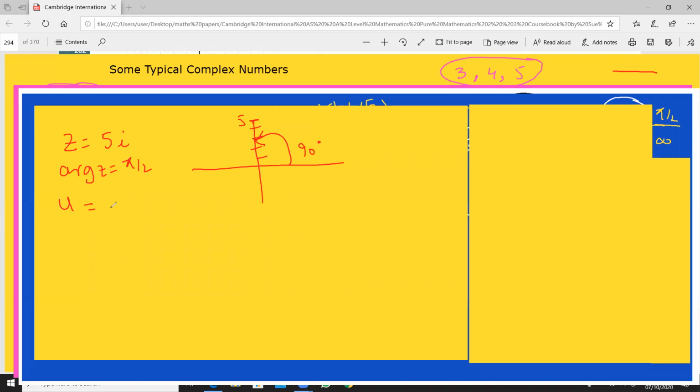Sir, minus 5 iota maybe. So you see that this is 1, 2, 3, 4, 5 here. This is minus 5 iota. So there is no need to go for any calculations. The argument of u is simply going to be minus pi by 2 or minus 90 degrees. Is anyone here confused?